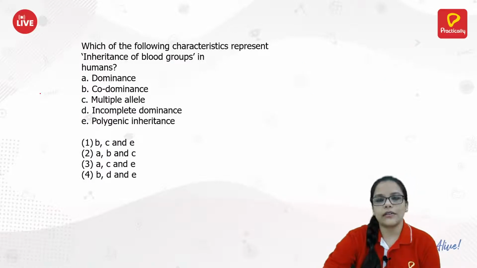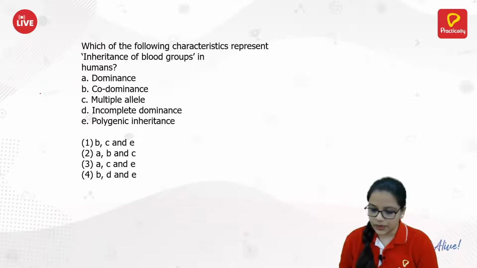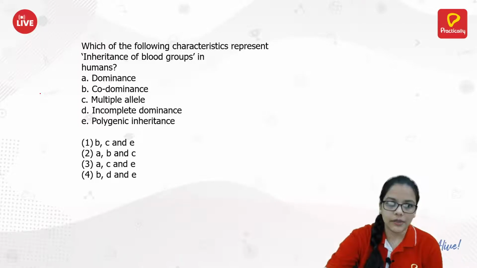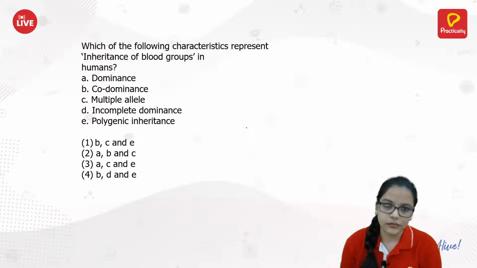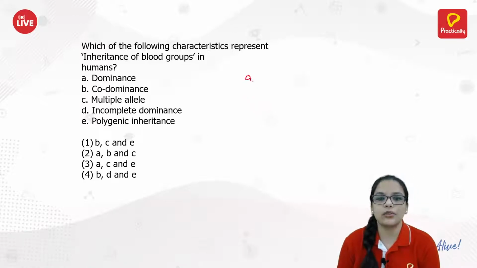Which of the following characteristics represent inheritance of blood groups in humans? Dominance, codominance, multiple allele, incomplete dominance, polygenic inheritance. See, now when we talk about blood groups, we have mostly blood groups A, B, and O, the ABO system, right?